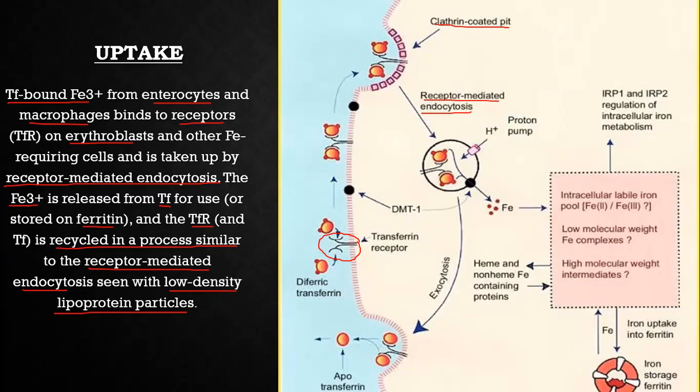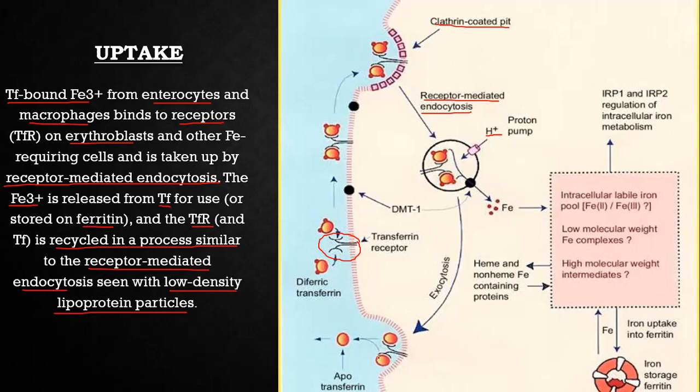Then in the endosome, we will have a proton pump. Hydrogen ions are added to it. Then the iron which was bound here is transported out of that endosome. Then this endosome will undergo exocytosis, so that the transferrin receptor can be recycled.